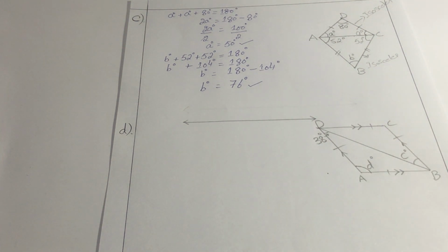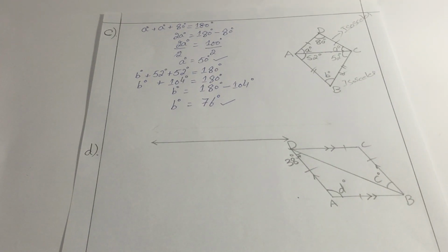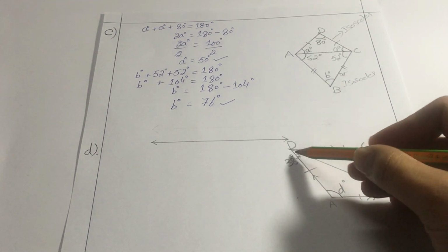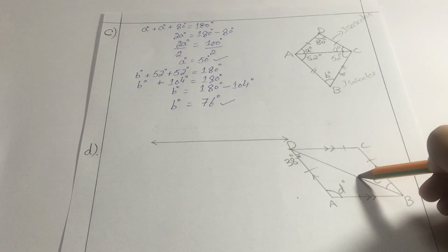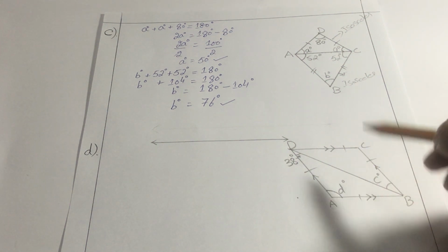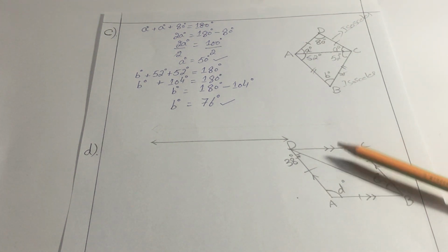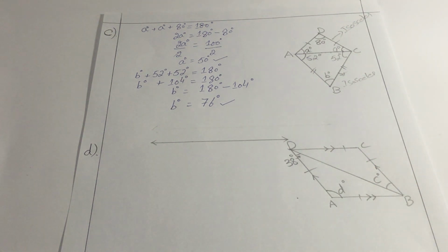All the four sides in a rhombus are equal, right? So, again you can see we have joined its opposite vertices with the help of a straight line, and this straight line is known as a diagonal, and this diagonal is splitting this rhombus into two triangles.